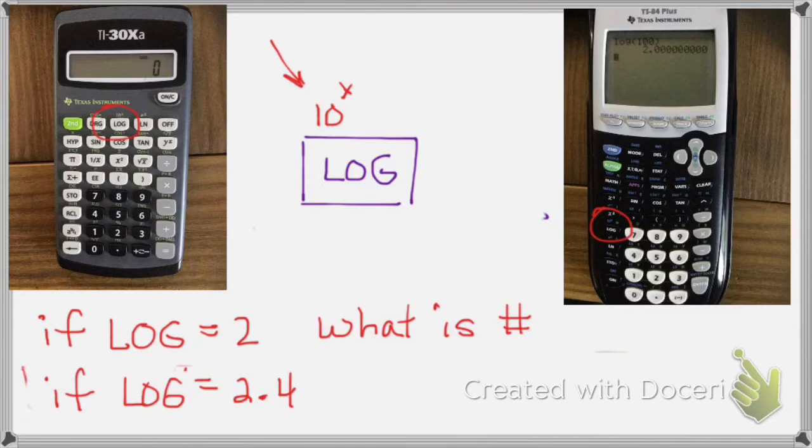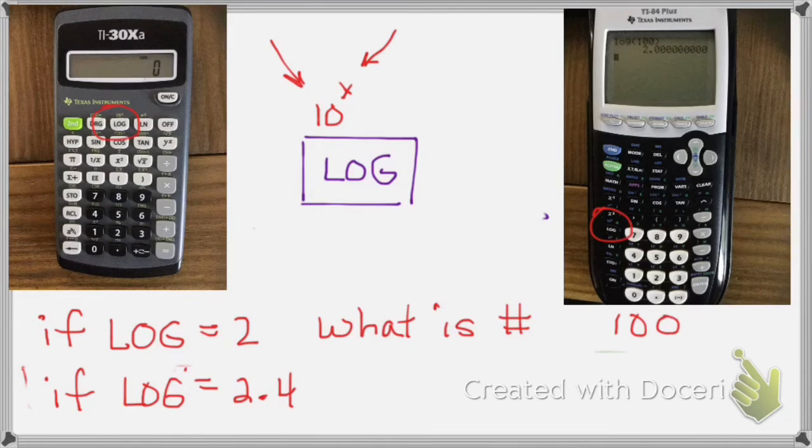So if our log is 2, what number are we talking about? This means we're taking the anti-log. So what we would do would plug in the 2, and now you're going to hit the second log so that you are performing this function, 10 to the x, and you see that we would have 100.